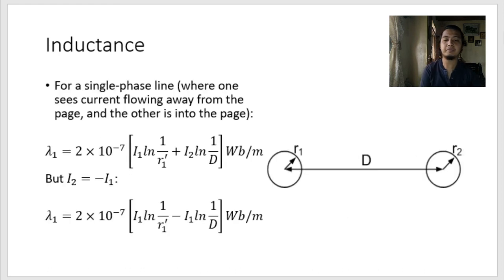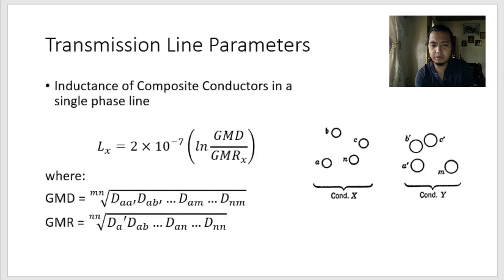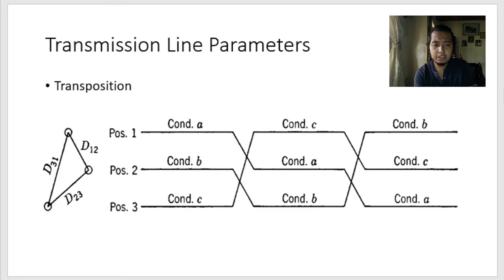So, if you have a single phase line, you have this. We also have a three-phase line here, and composite conductors.